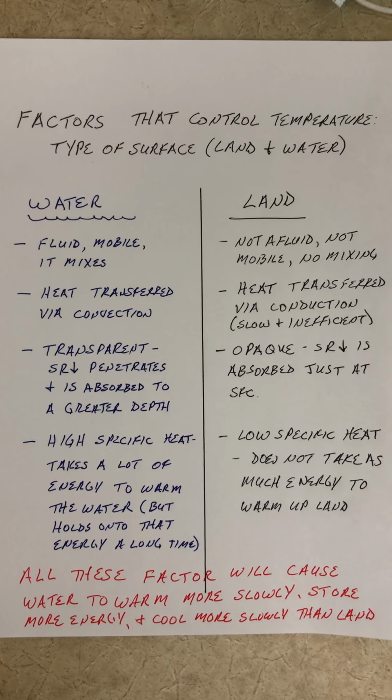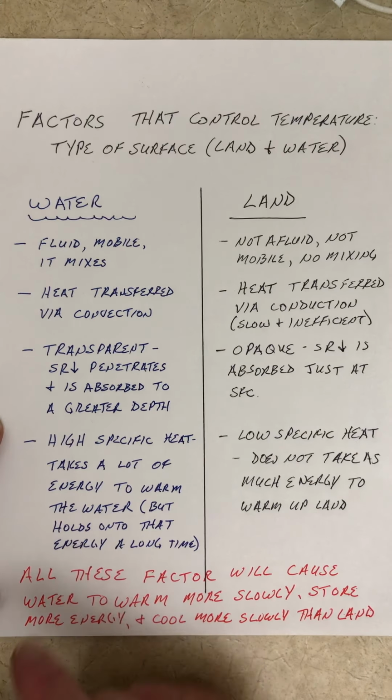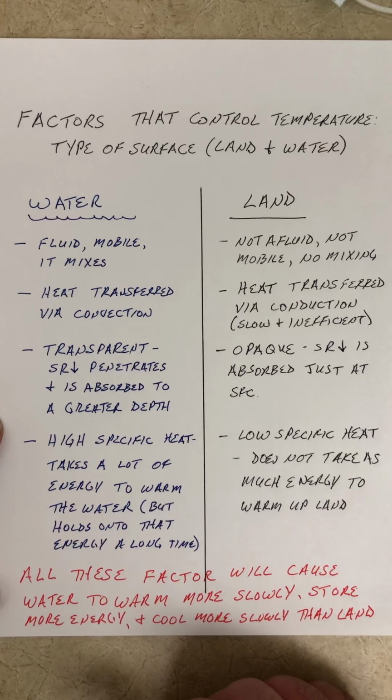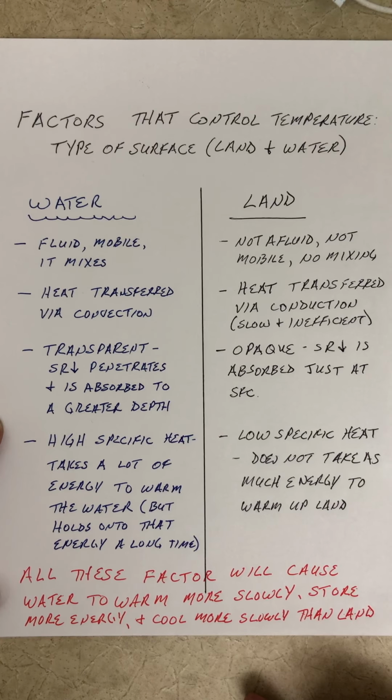So in fall, as now we're going into that time of year, fall, a transitional period of time, the land is losing its energy very quickly because it has a low specific heat. The water has a high specific heat, so it's been absorbing heat energy throughout the summer and very gradually is giving its heat energy off to the atmosphere.